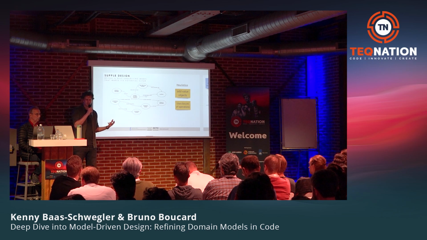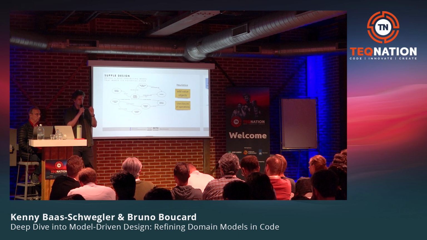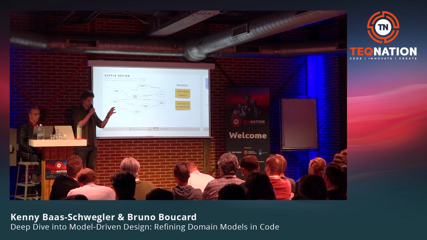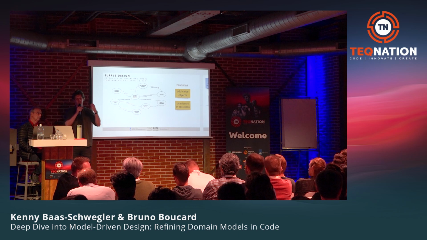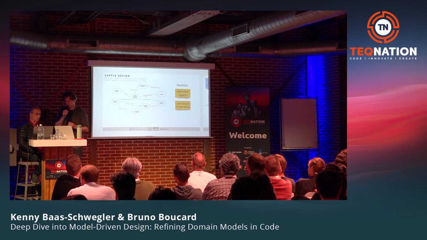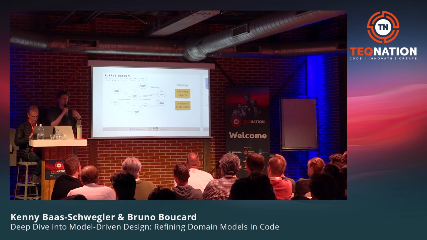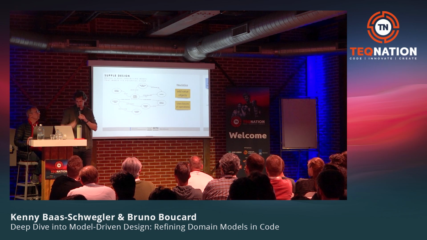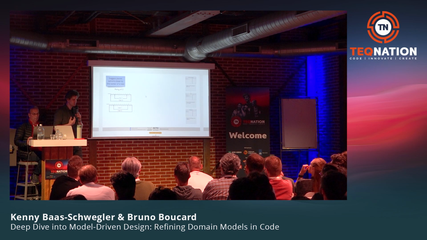Can you really explain that to your stakeholders? Probably not. So this will help you stay closer to the concept of your domain model. And this will help you then to go to the second part, which is what we call deep modeling in domain-driven design.